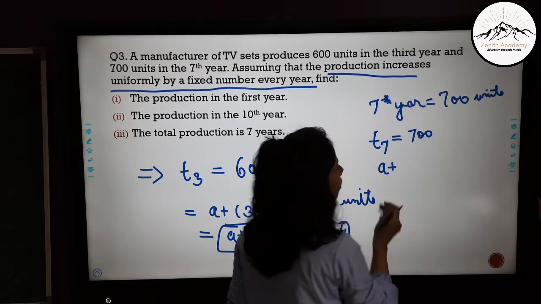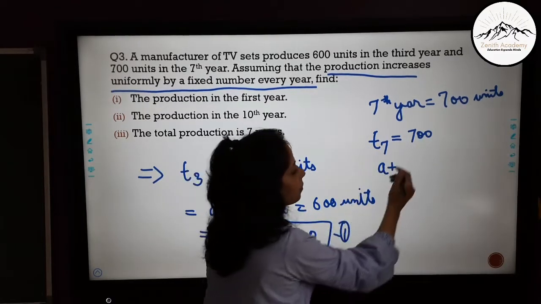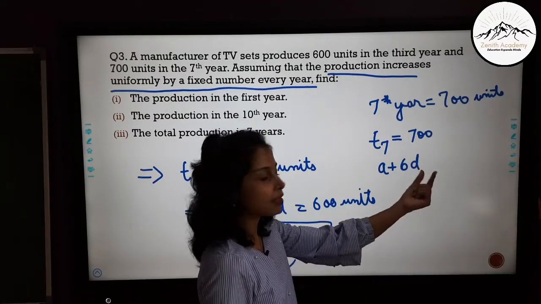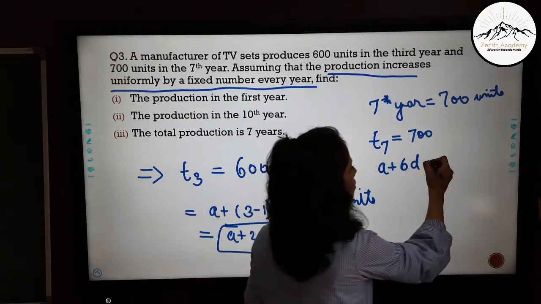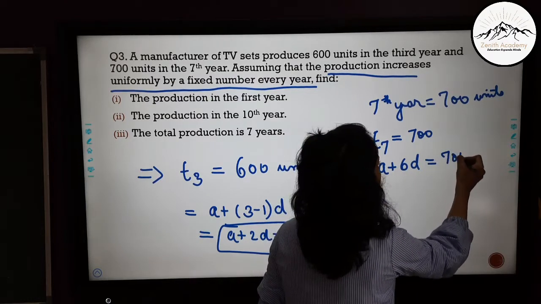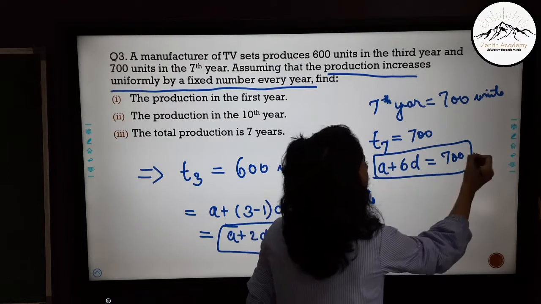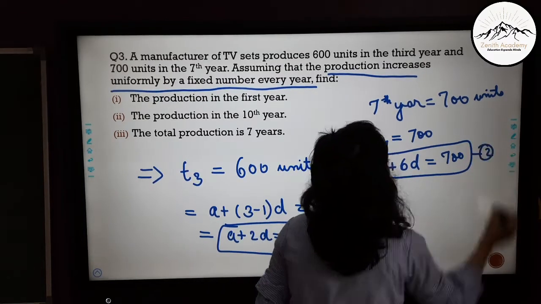We know it is A plus 6D. A plus (7 minus 1) into D is equal to 700. This will be our equation number 2.